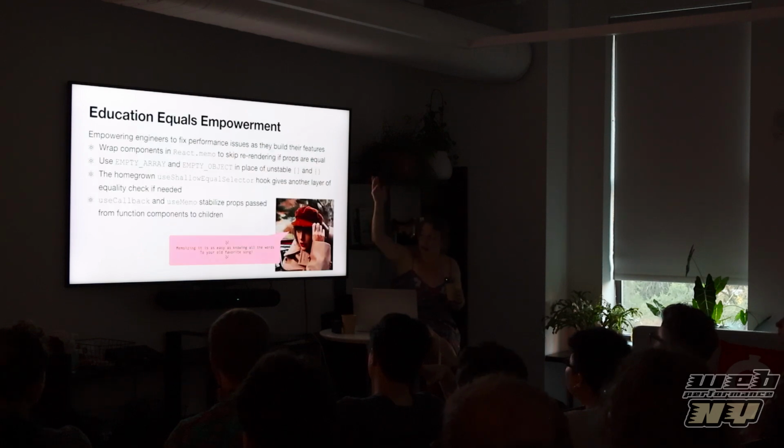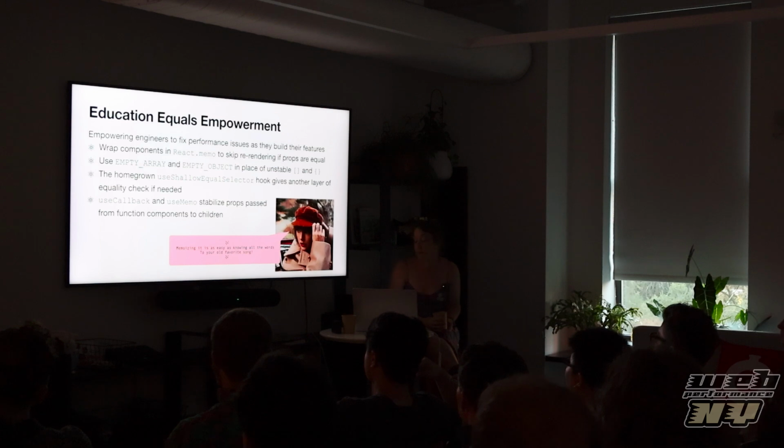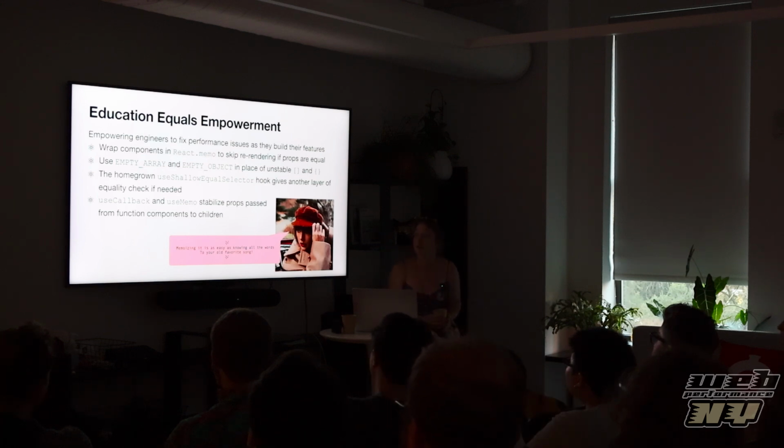And I kind of touched on this a little bit, but education equals empowerment. So a lot of just posts about, hey, you're seeing this lint rule pop off, or you saw this component console warning, this is how you fix it. And building little things like use shallow equal selector, we had to build our own.